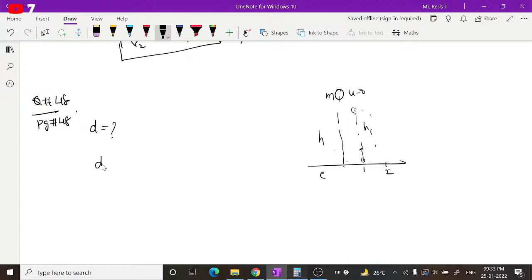So the total distance traveled, write down clearly, everyone.